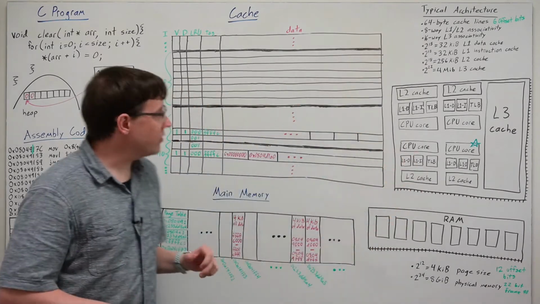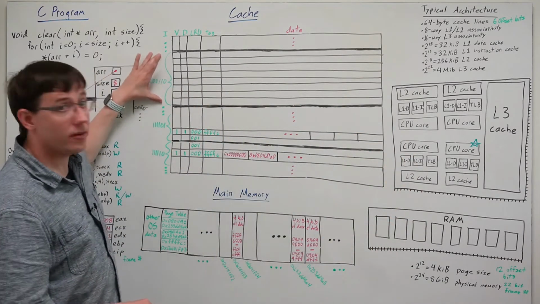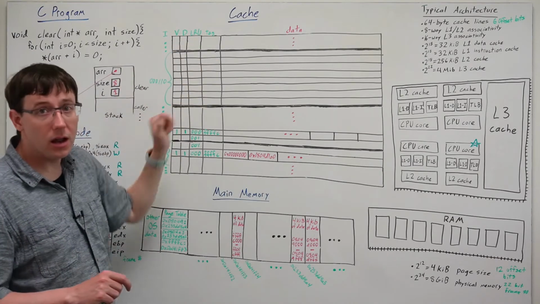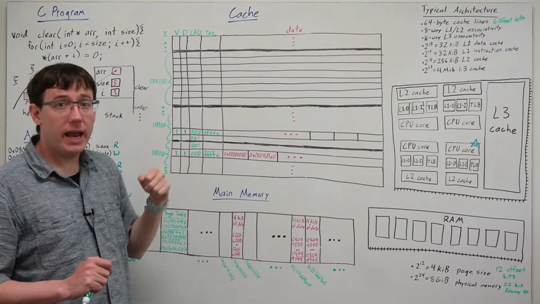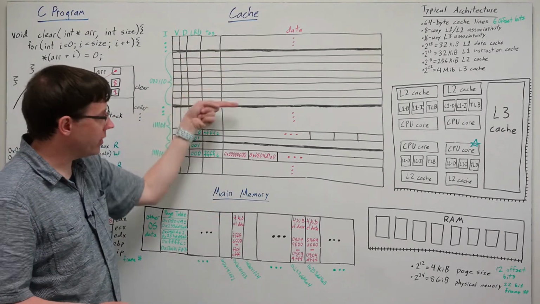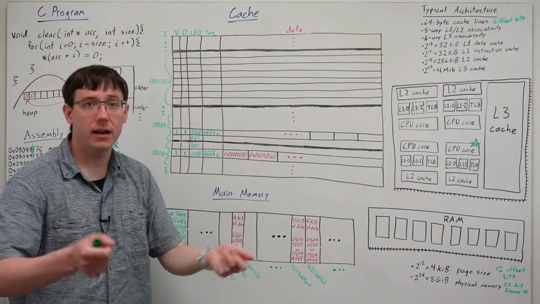Since it's 8-way set associative, that means that for each index in this cache, there are 8 lines, and so any block of data with that index could potentially go in any of the 8 lines within the set.